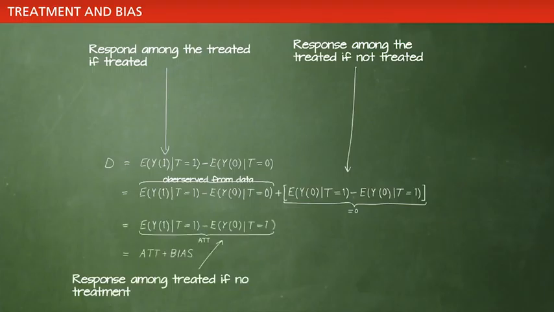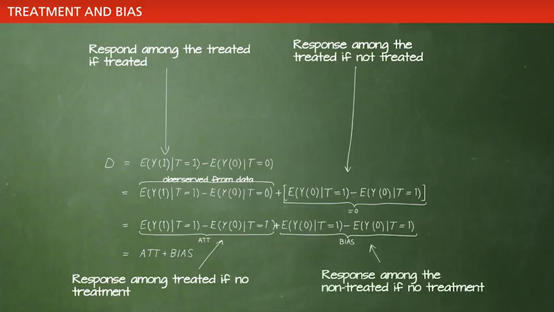Then we rearrange so that we first write the difference between the average outcome with and without treatment for those actually treated. This is the average treatment effect for those who were treated, ATT. Next, we add the difference between the average outcome for the treated and the untreated when neither receives treatment. This would be the average difference in earnings for those with and without the college degree if neither group had a degree.